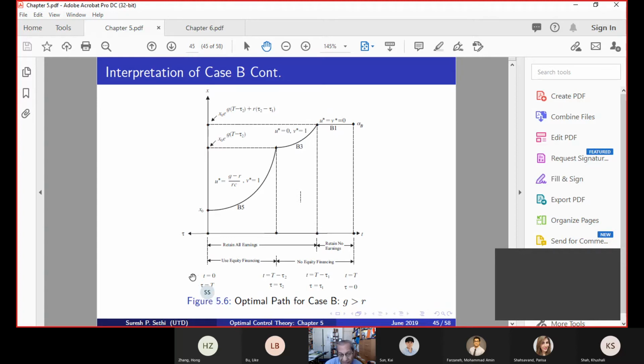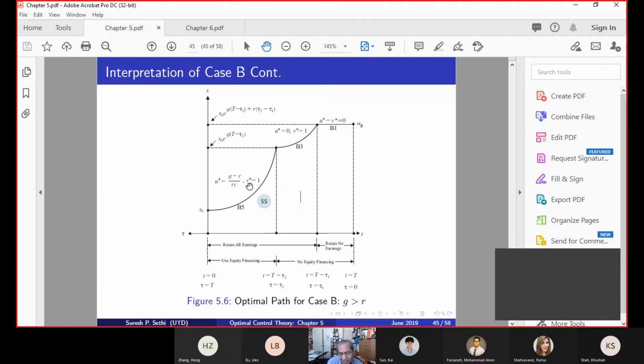Okay? If this is the limit of the solution, can anybody tell me what's happening? Remember, nobody is paying dividend. Dividend will never be paid in this company. The company is just growing and growing and growing, and nobody's getting a dividend.